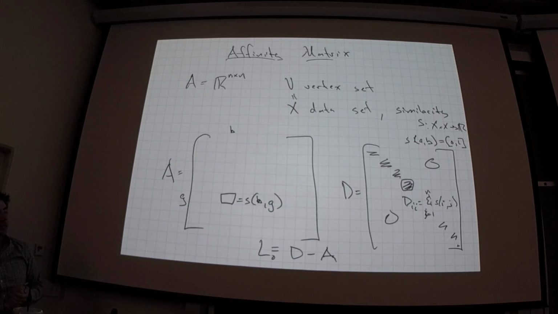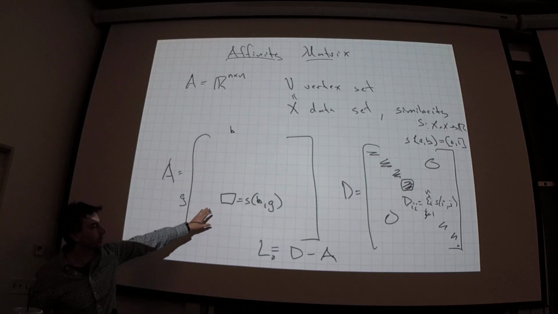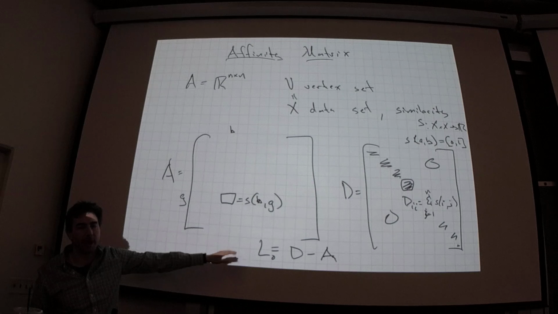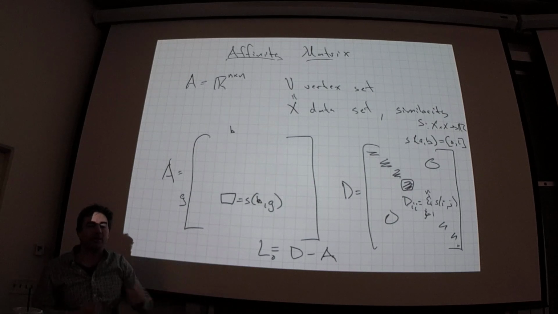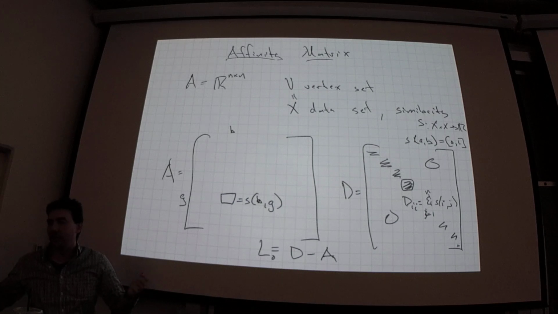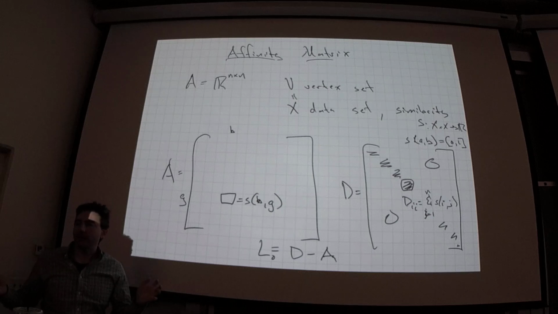Okay, now there are some tricky things. If the similarity is not associated with a metric distance function, then this matrix, the Laplacian, may not be a positive definite matrix, and then some of the eigenvalues will not be real numbers. So you might want to be careful.